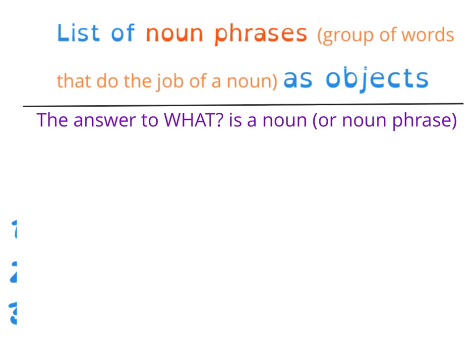I am going to show how we can have a sentence that has a list or series of three noun phrases that are used as objects in a sentence. For my example sentence, I am going to use the conclusion from Sabrina's story about camping.